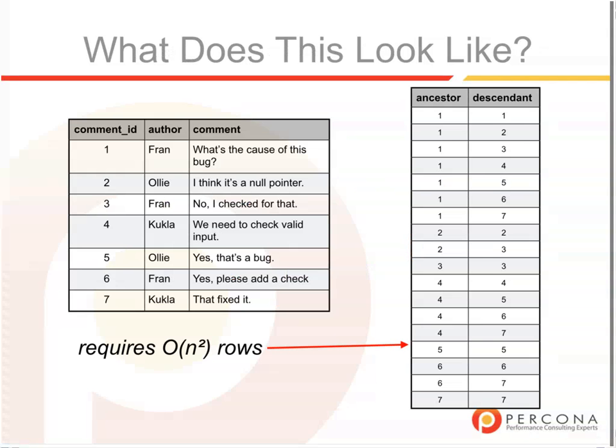What does this look like in tabular form? Well, the comments table that we had doesn't have any extra columns as it does in the other designs we looked at. Instead, we have a second table that just stores the ancestors and descendants and has pairs of numbers, which are foreign keys back to the comments table. In theory, this requires up to order n squared rows, but in practice, you would get far fewer.